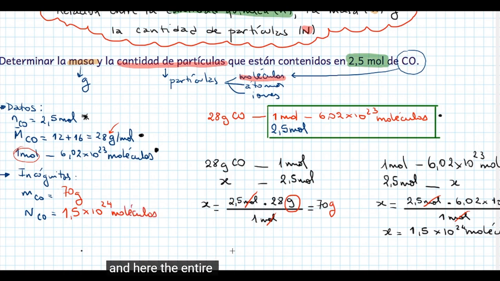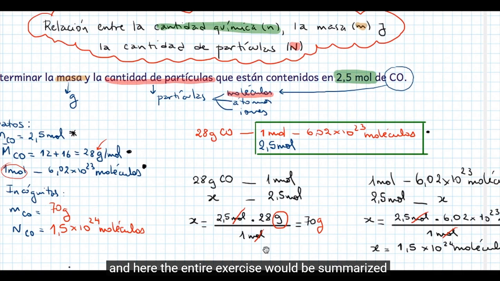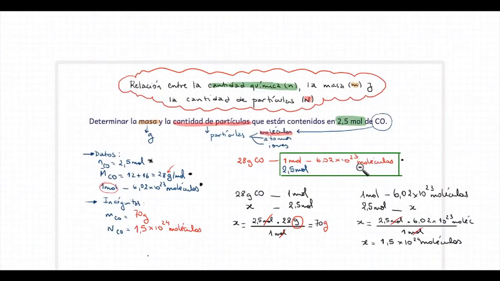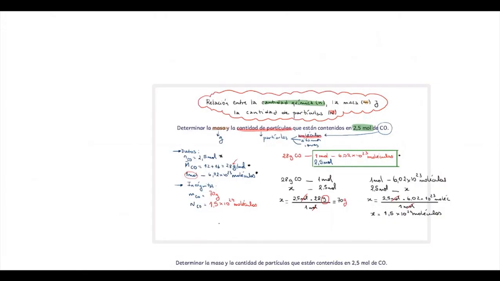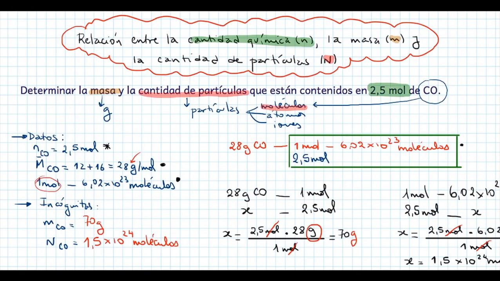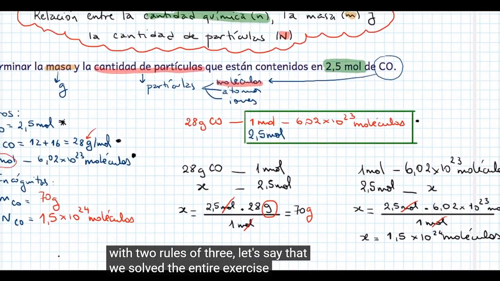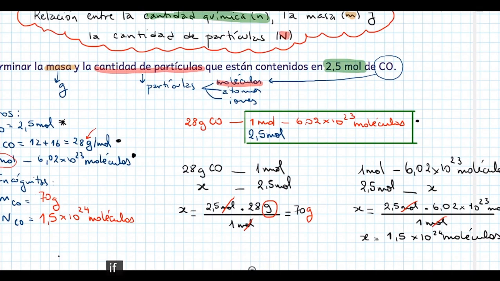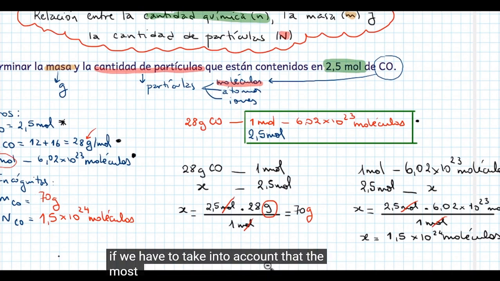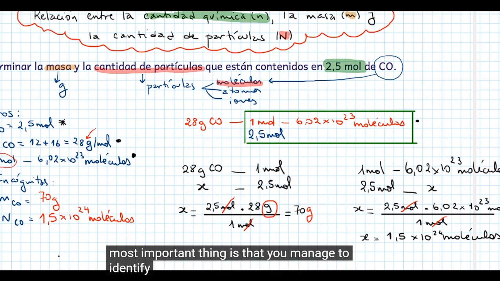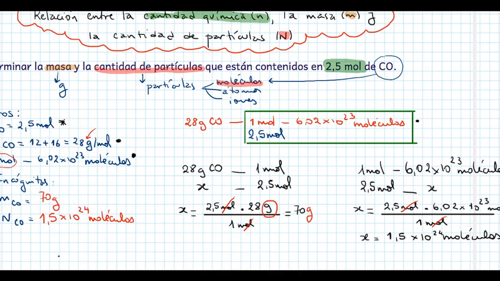And here the entire exercise would be summarized with 2 rules of 3. Let's say that we solved the entire exercise, taking into account that the most important thing is that you manage to identify this.